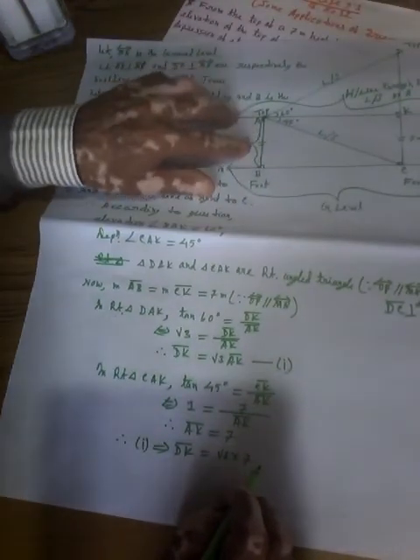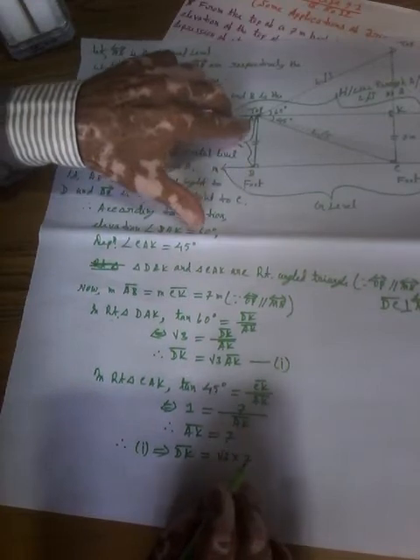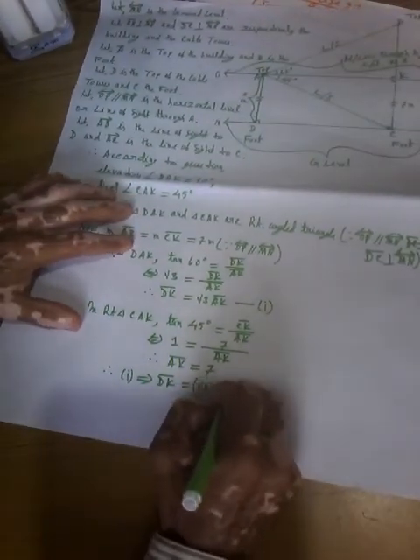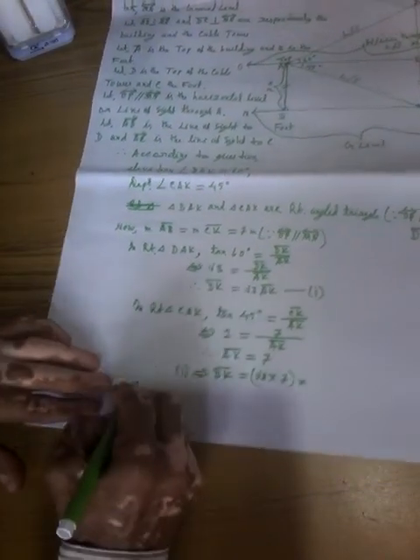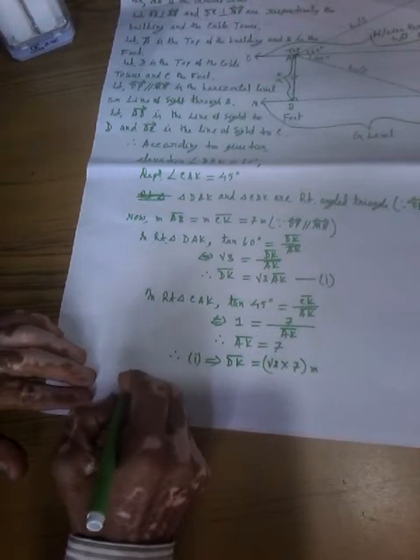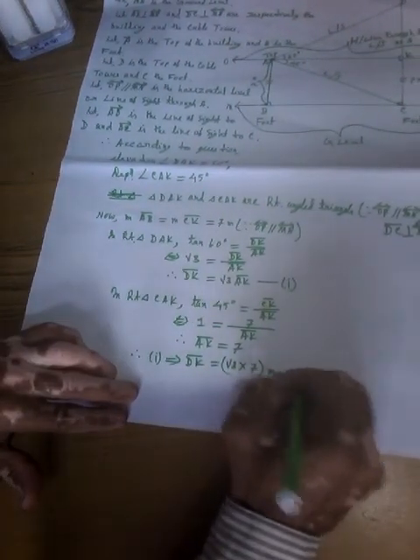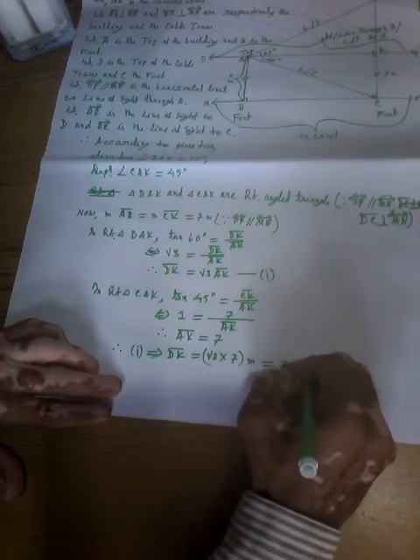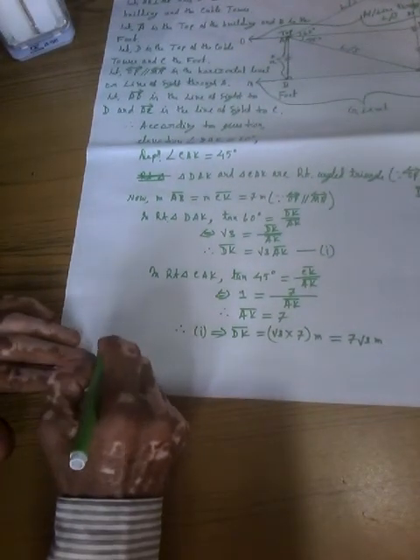The height of the building was in meters, so the unit is meter. So write meter here. Now after that write in this way, which is also equal to 7 root 3 meters.